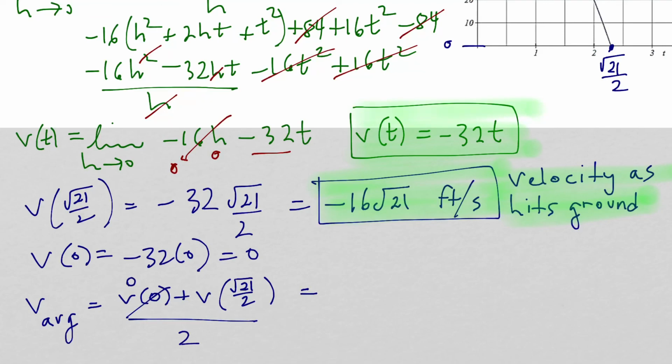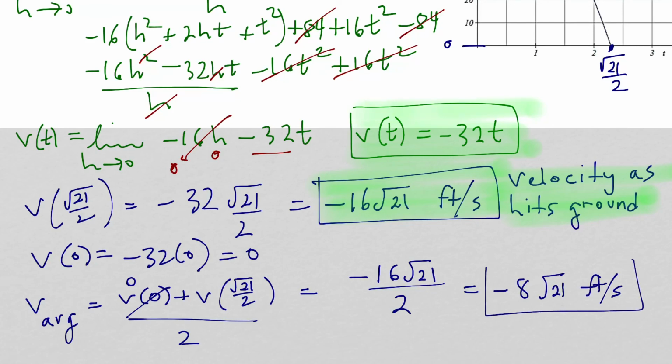So we've just got the velocity at root 21 over 2 seconds, which we know is negative 16 times root 21. So our average velocity is just half of that, basically, which is negative 8 root 21 feet per second. And this is our average velocity.